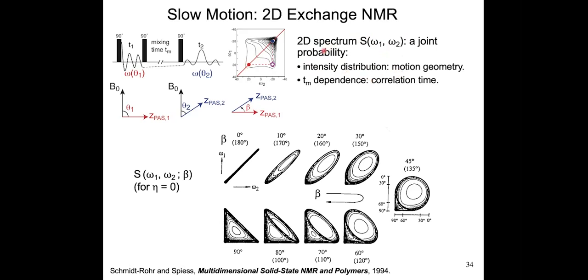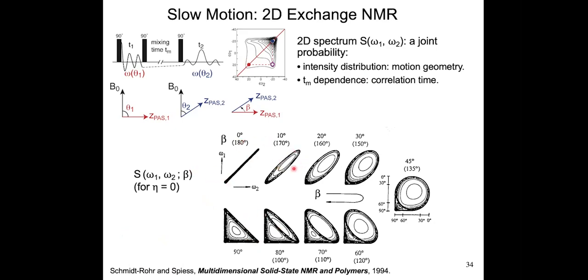This was very well developed in exchange NMR analysis of polymers, the Spiess group work. And I find these powder patterns to be quite beautiful in two-dimensional spectra, always homonuclear correlation.